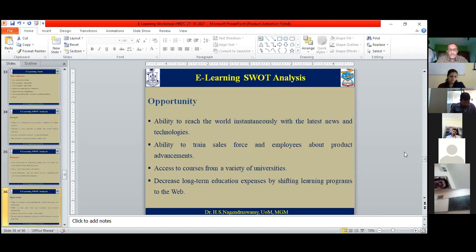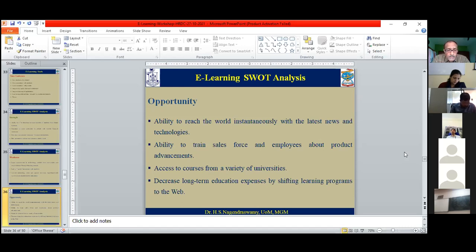But when it comes to opportunity, the ability to reach the world instantaneously with the latest news and technology. Now look at here. In earlier days, when we were reading only newspapers and listening to radio news and all, we were not able to get the news instantaneously. Maybe after 2 days or 3 days, we used to hear, oh, this happened, that happened, etc. But now it's not like that.